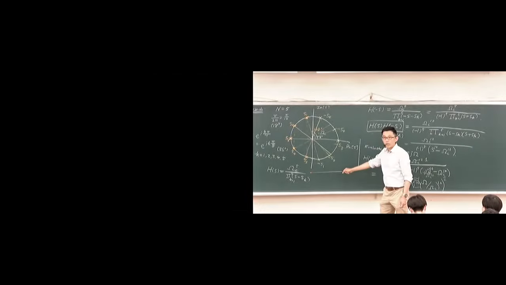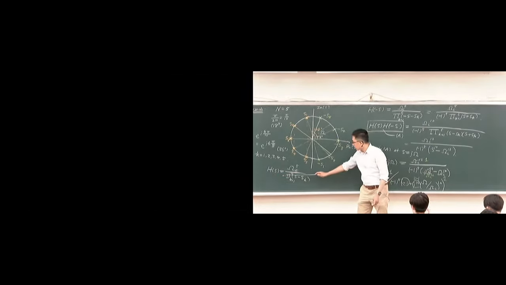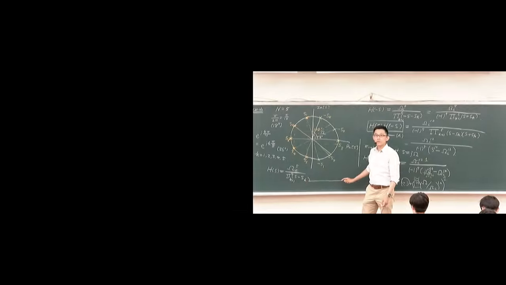What is H? H is the polynomial before we add 5 more roots. It turns out that this H has real coefficients.